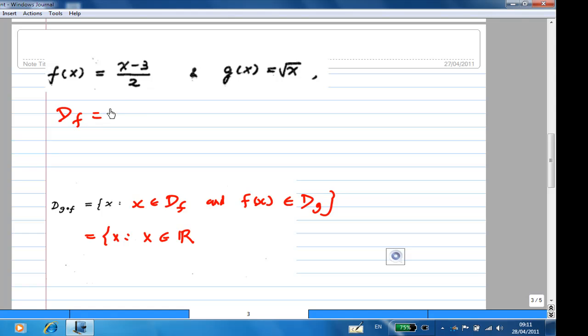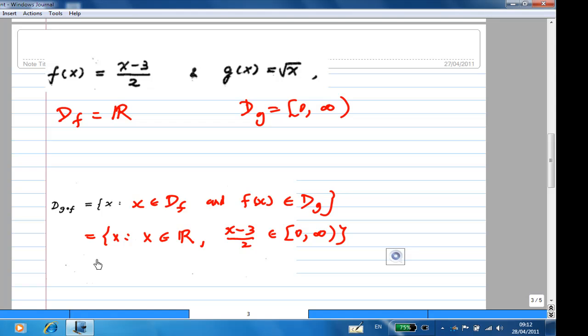The domain of g is all the numbers from 0, including 0, to infinity. So I want f of x to belong to the domain of g. That means (x minus 3) over 2, which is f of x, must belong to the interval from 0 to infinity.